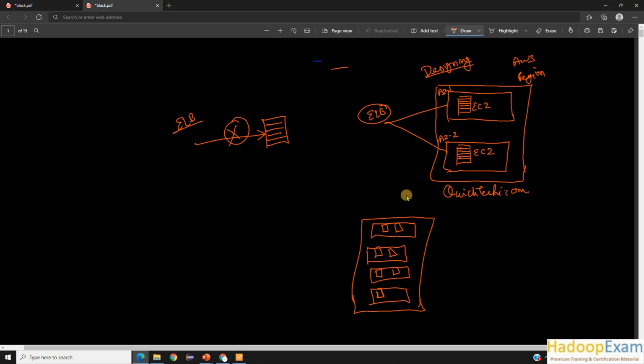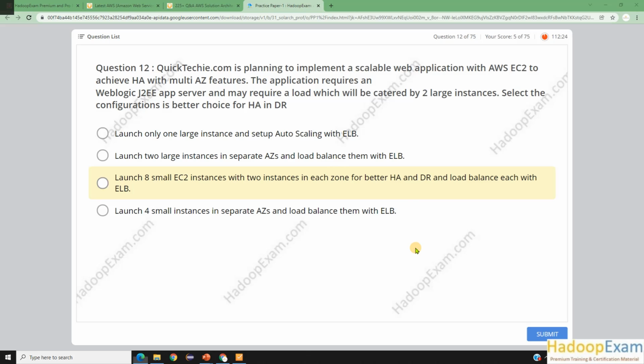Now you need to consider the cost as well. When you increase the number of instances, you increase the cost, and the company doesn't want to increase cost. So here we are talking about 8 instances, and they are saying the load can be catered by this.